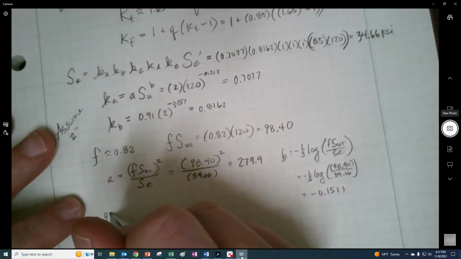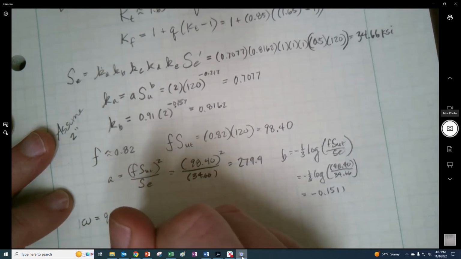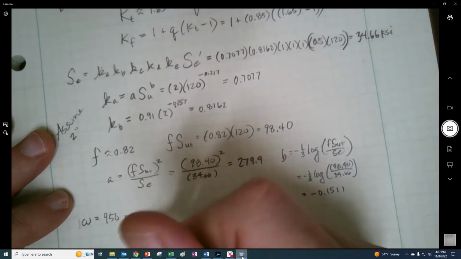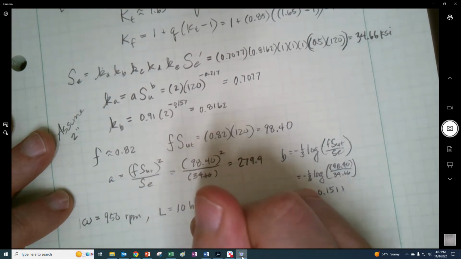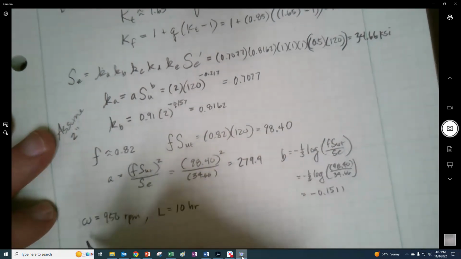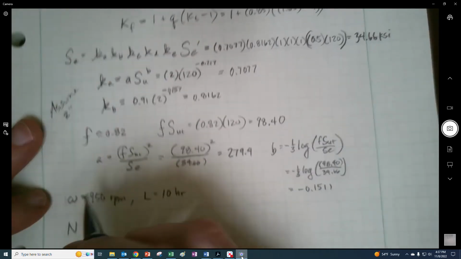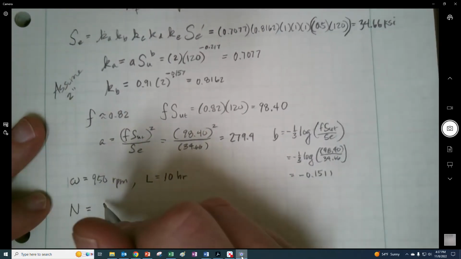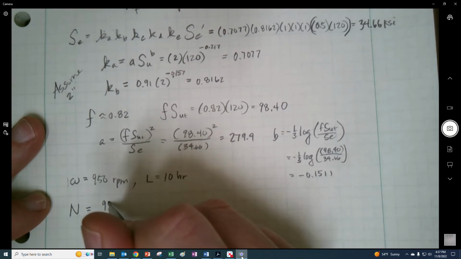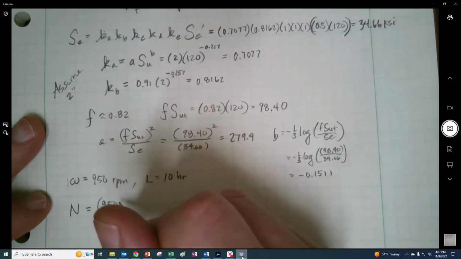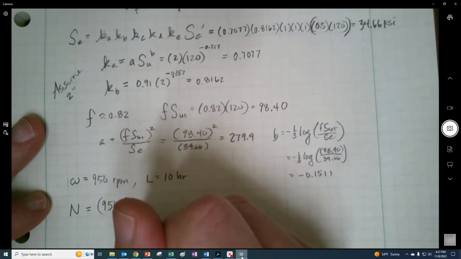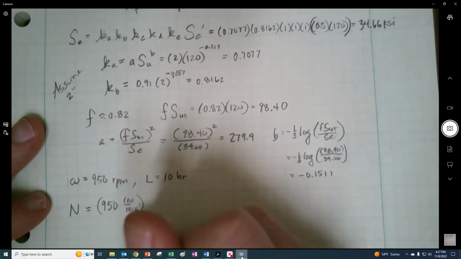So 950 RPM, and we want L equal to 10 hours. So for that, the number of cycles, the big N, is going to be 950 revolutions per minute, so that's really cycles per minute.